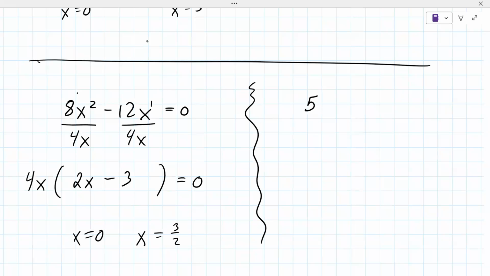15x squared minus 5x equals, or actually do plus. Go ahead and give that a try, please.